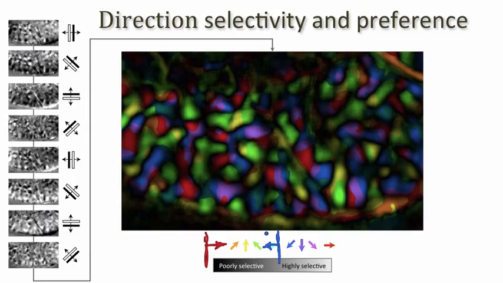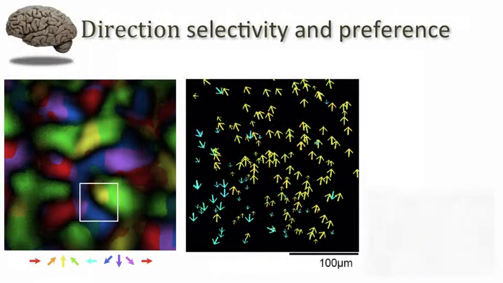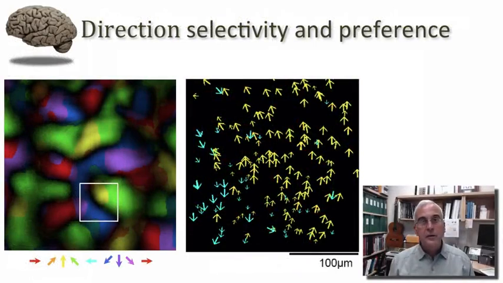Now we can resolve this with the same method I've just described for you, this optical imaging of intrinsic signal methods. One can even resolve it to the cellular level using a method known as two-photon imaging of calcium signals, which is what is represented here to the right.